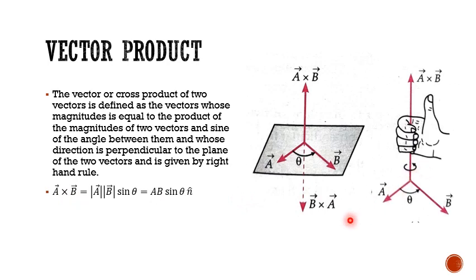Your fingers should curl from the direction of A vector to the direction of B vector. As you can see in the figure, my fingers are curling from A to B. Fine. And can you see my thumb? This thumb is pointing upwards. This denotes the resultant or the vector product of these two vectors. So this is known as your right hand rule, which can be used to find the direction of your vector product.